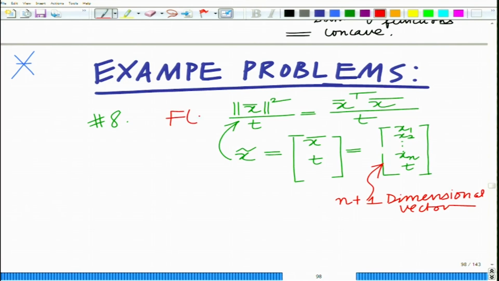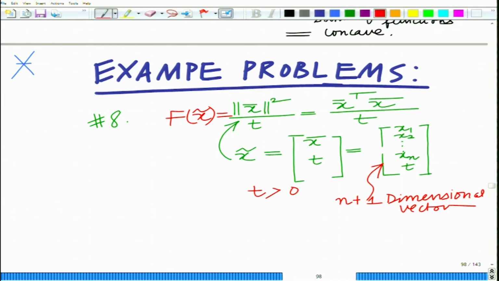We have this function f of x tilde, where x tilde is the vector x bar augmented with t, and we can consider further that t is greater than 0, that is t is a positive quantity.